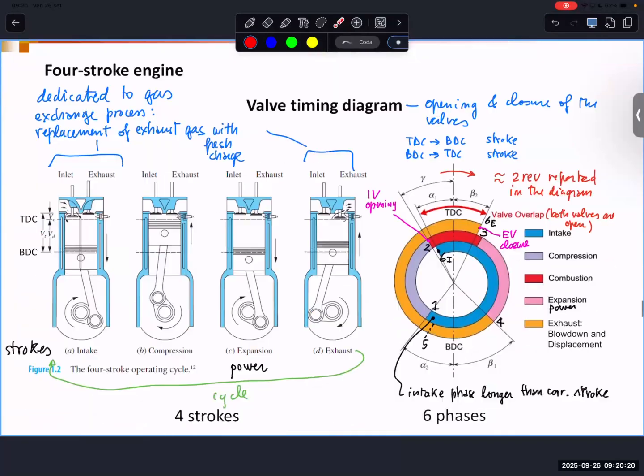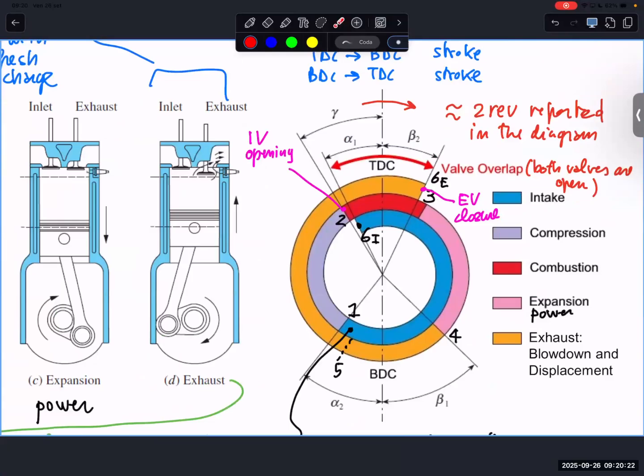And we can also consider that the cycle is not lasting exactly 2 revolutions, but a bit more, because this point is starting before top dead center, and this point is finishing after top dead center. So you can consider that the cycle is a bit longer than 720, actually, but we will consider 720. So there is also an overlap of one cycle with respect to the following one.